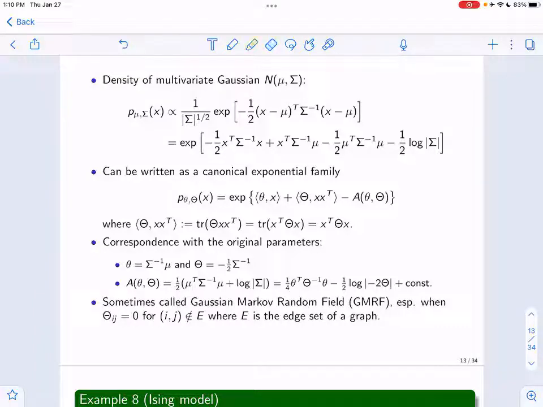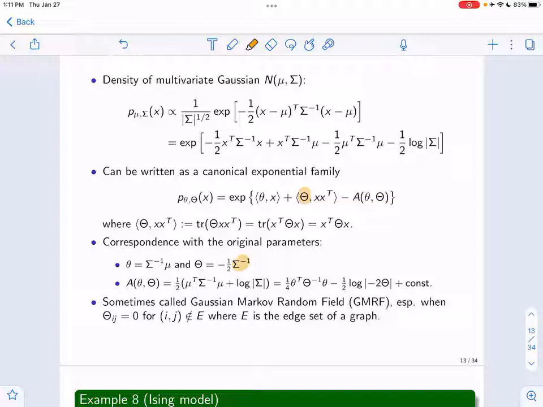So I have one last bullet point here, which is just a comment that this natural parameter, this theta, you can see it's related to the inverse of the covariance matrix. This is sometimes called the precision. So the inverse of the covariance matrix is called the precision matrix, and this is a scaled multiple of the precision matrix.